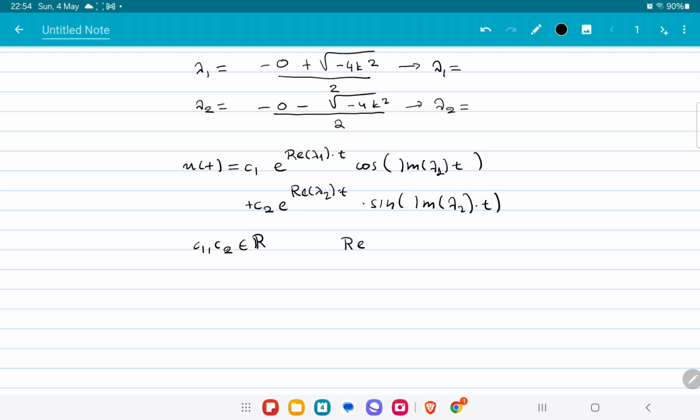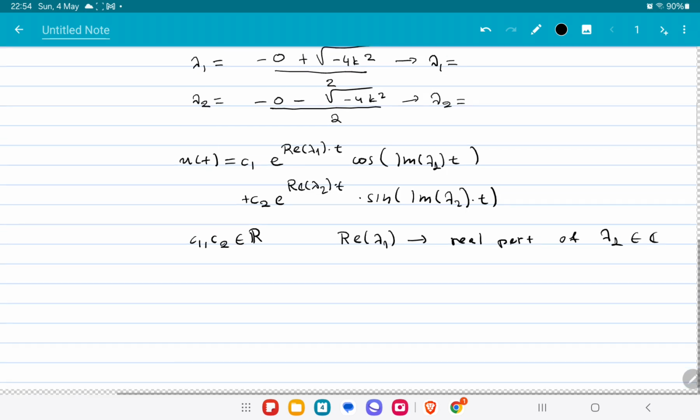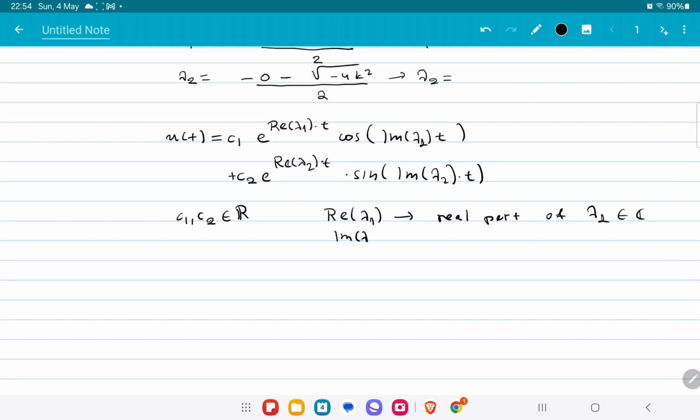Real of lambda 1 is going to be the real part of lambda 1, which is a complex number, and imaginary part of lambda 1 is going to be the imaginary part of lambda 1.